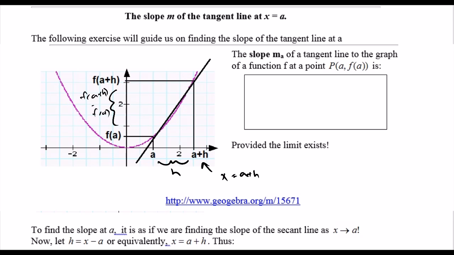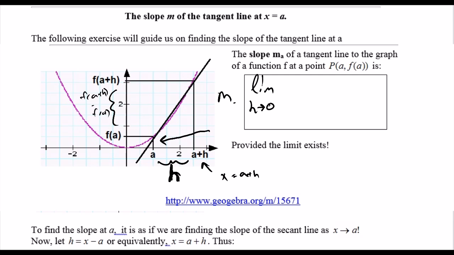We want to find when this box, our f of a plus h and our a plus h, approaches a. That happens when our h is going towards 0. Going towards 0, we're talking about a limit. So the limit as h approaches 0 of our slope will give us the slope of the tangent line.